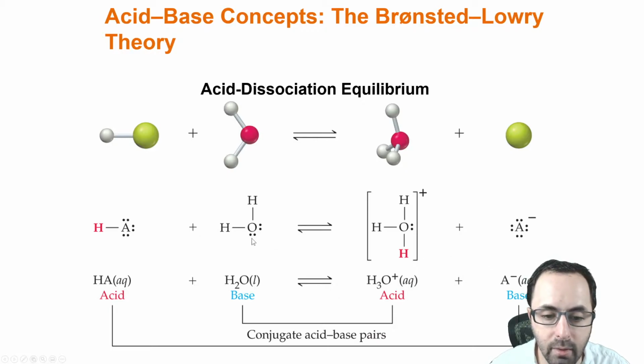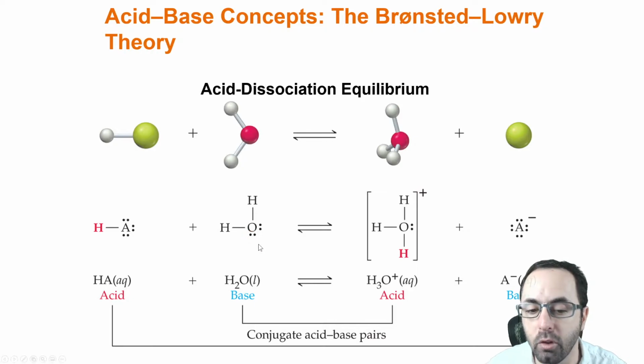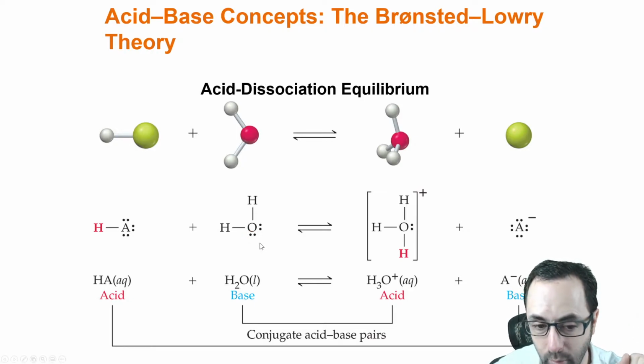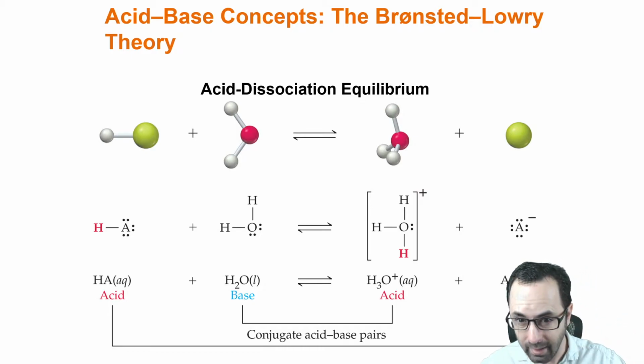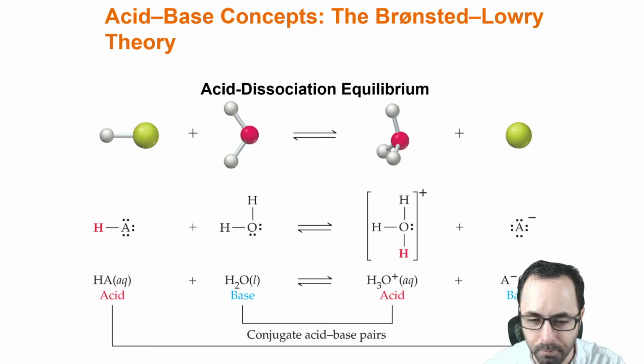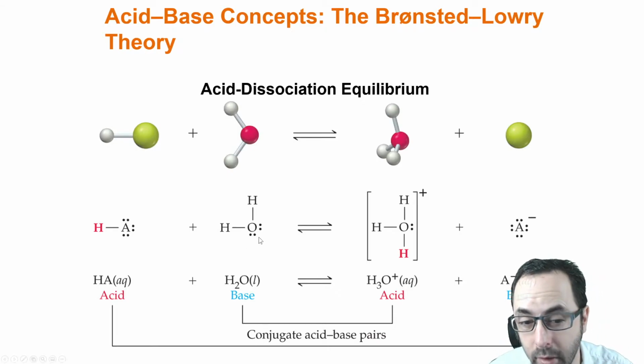Now likewise, what happens here is similar to what we saw with ligands previously. Remember, ligands made coordinate covalent bonds, meaning that the ligand donated both the electrons that were required to create the bond. This is happening here too. The water is making a coordinate covalent bond with the H+.